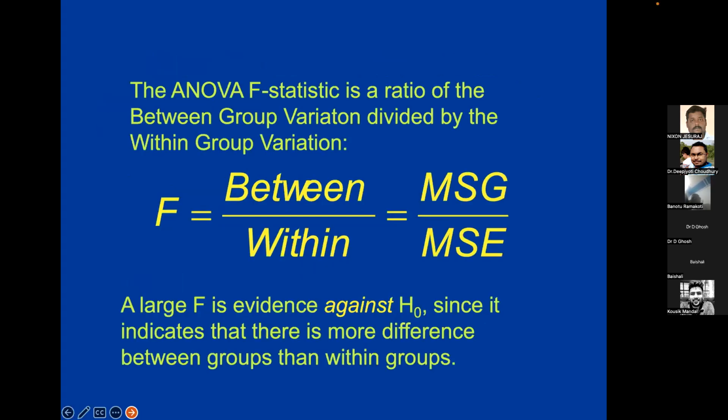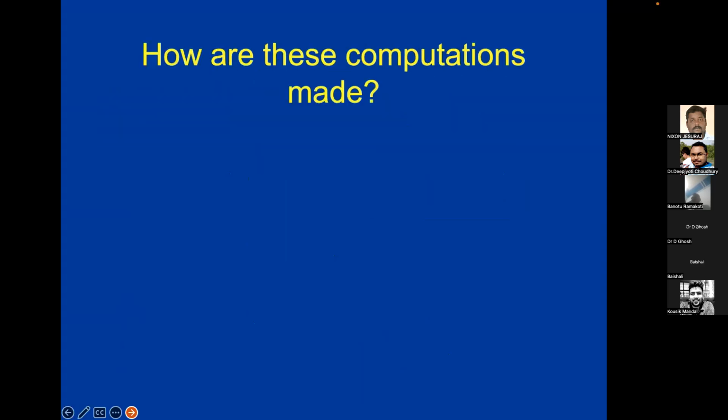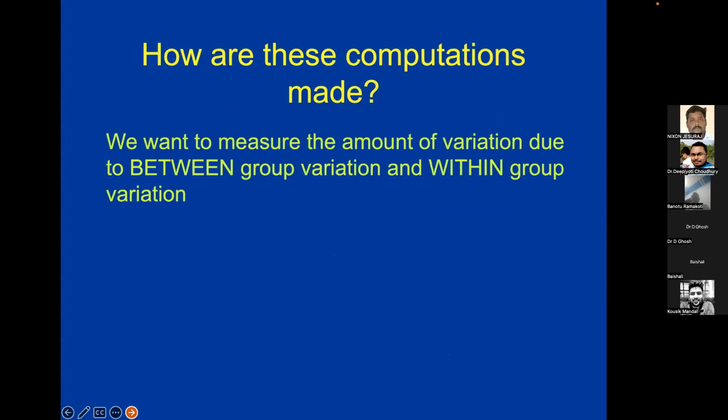The ANOVA F statistic is the ratio of between-group variation divided by within-group variation, which we have already calculated. A large F is evidence against H0, since it indicates there is more difference between groups than within groups. Here we can also use Minitab.